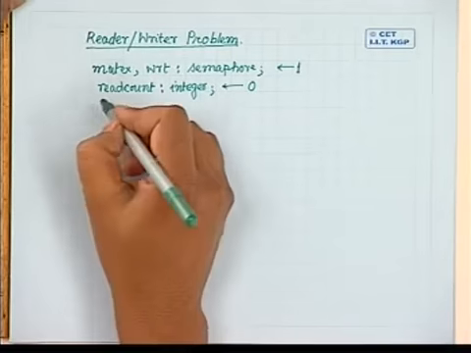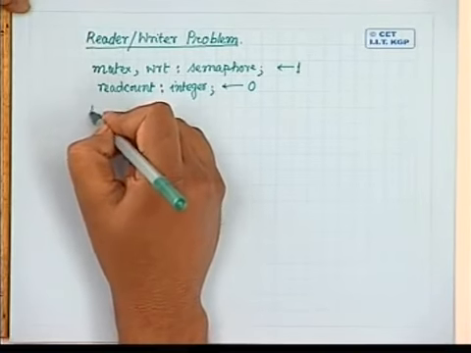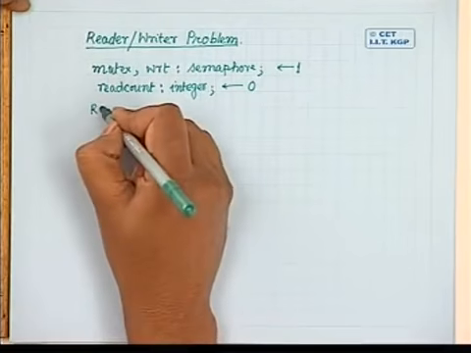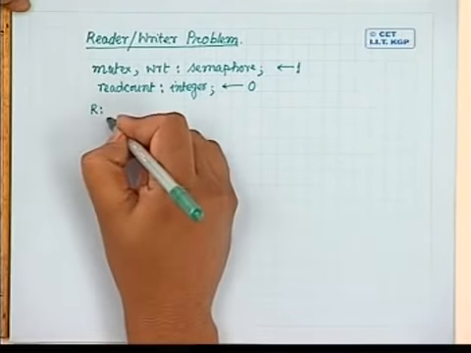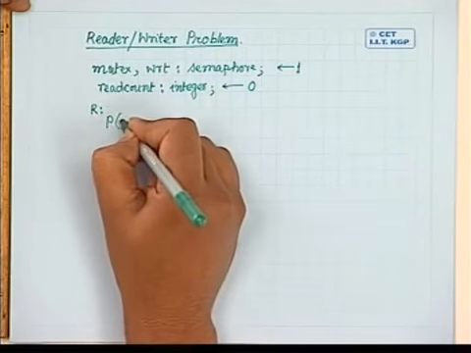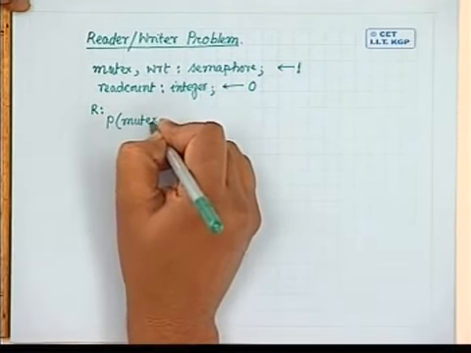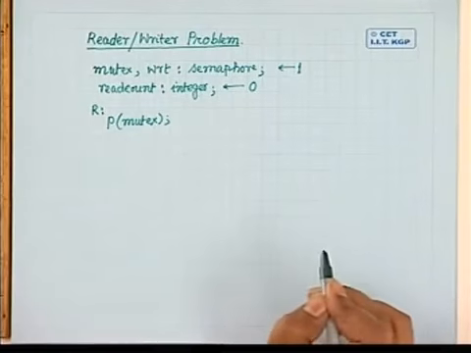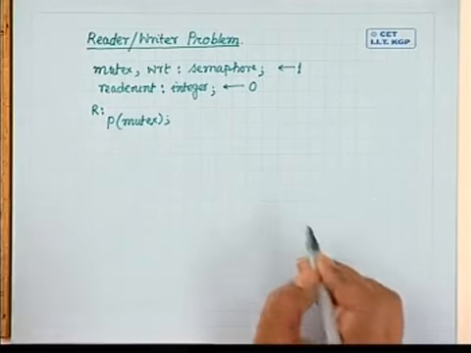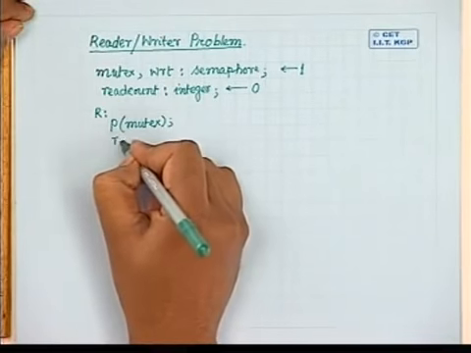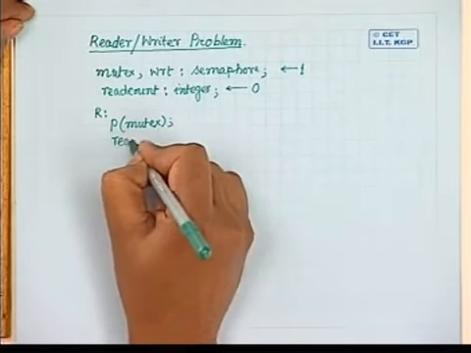After this, we can write the codes for the reader process and the writer process like this. For the reader process, first we perform the P mutex operation. After that, you increment the read count by 1.